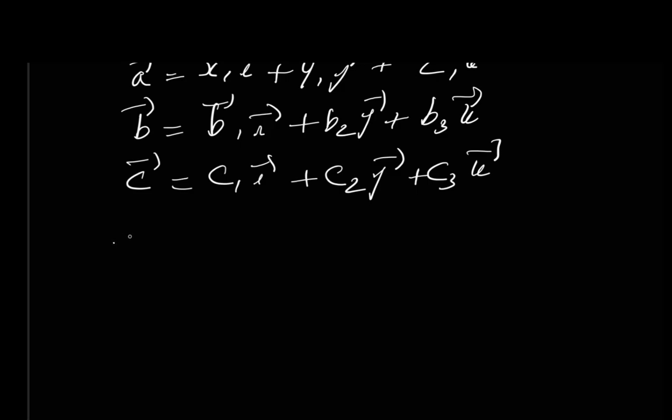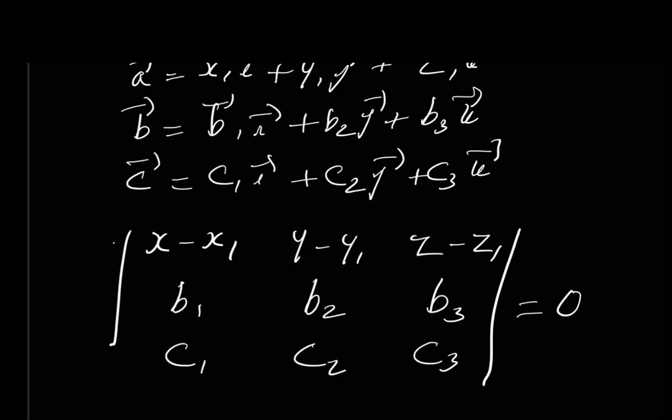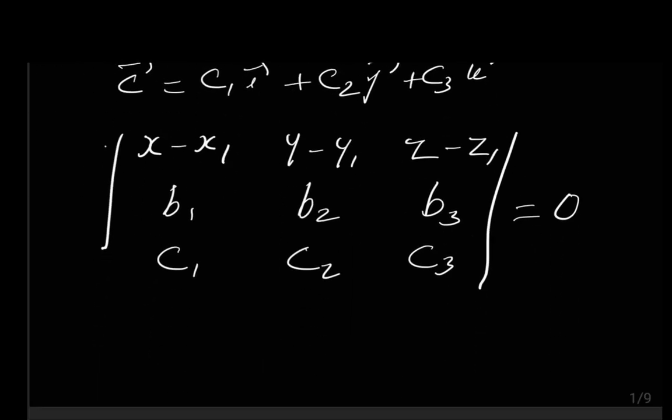So the Cartesian form is the determinant with rows x minus x1, y minus y1, z minus z1; b1, b2, b3; c1, c2, c3, equal to 0. This is the Cartesian form of a plane.